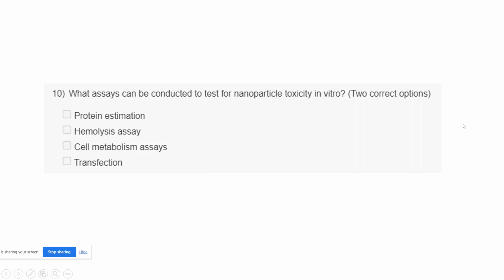What assays can be conducted to test for nanoparticle toxicity in vitro? Two correct options. Hemolysis assay and cell metabolism assay. Yes, correct. So for the hemolysis assay, you can incubate these nanoparticles with RBCs to check their effect on red blood cells.